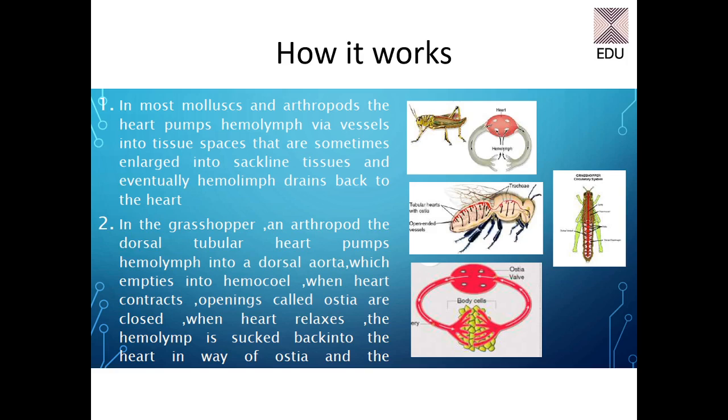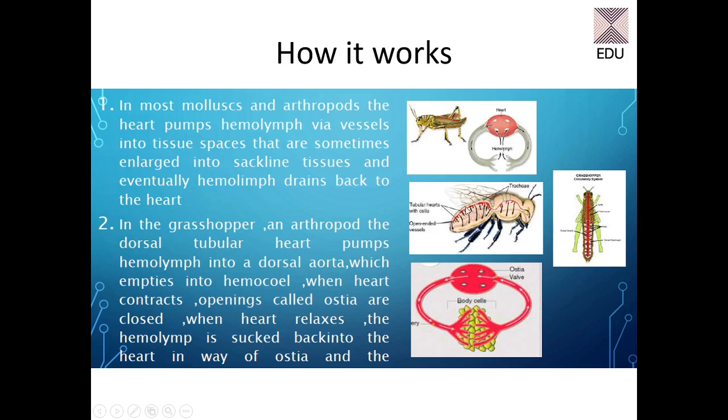In the case of the cockroach, we have a 13-chambered heart. In the grasshopper also, we have the heart which is dorsal in position. If you see this position of the heart, this is dorsal, that is, on the upper side of the insect.